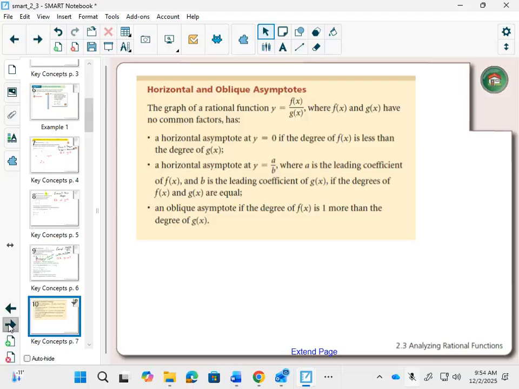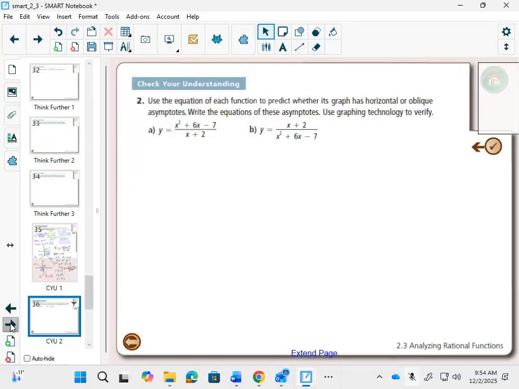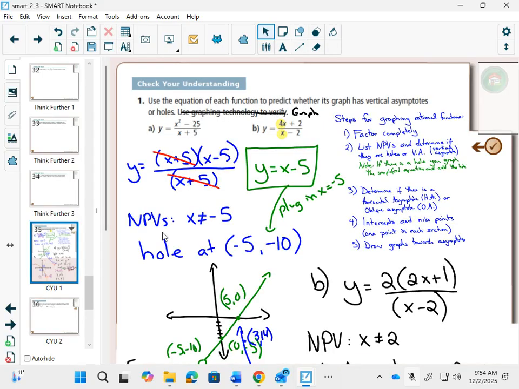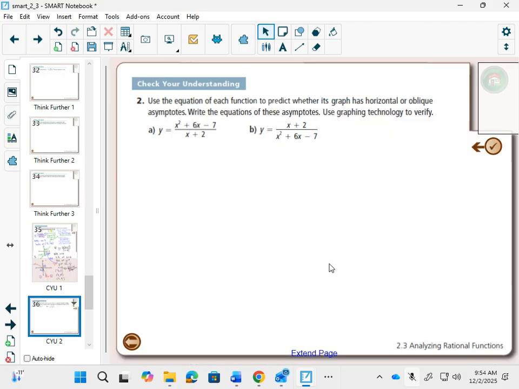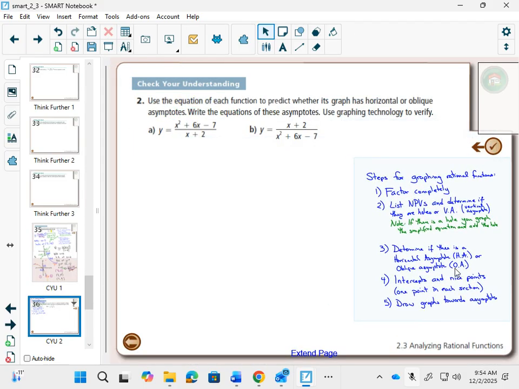So with that, we can go to example number 2. And I'm going to go to example number 1 and steal our steps. There they are. We can have them off to the side.